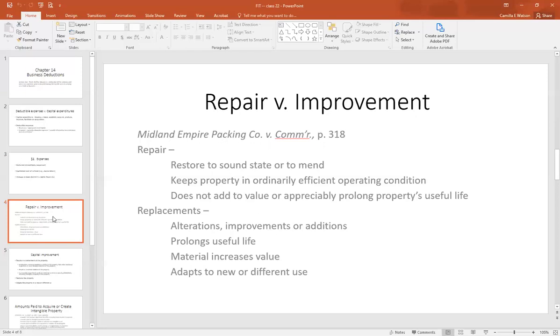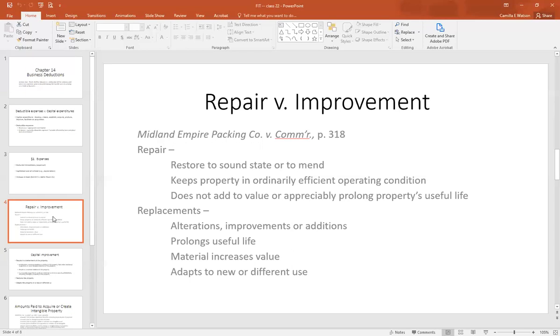It does not add to the value of the property, nor does it appreciably prolong its life. It merely keeps the property in an operating condition over its probable useful life for the uses for which it was acquired. Now, this quote is taken from the regs at section 1.162-4, which is in footnote 1 on page 318.